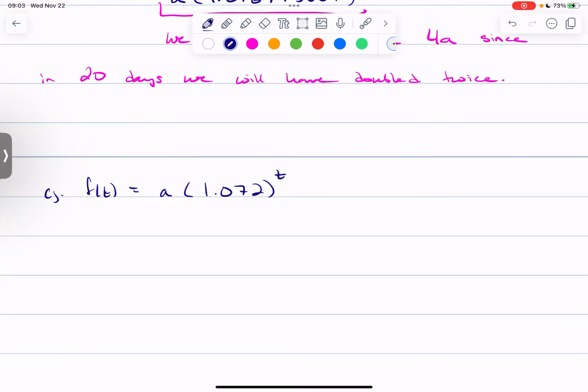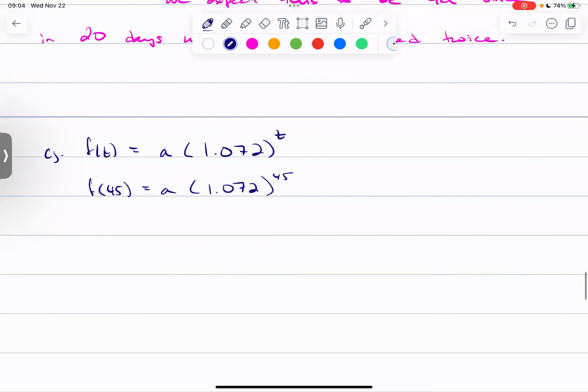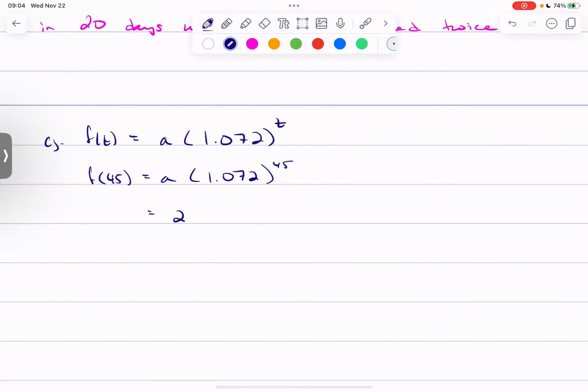You're welcome to try it with the exact value. I want f of 45 is a times 1.072 to the power of 45, which is 22.84364177a.